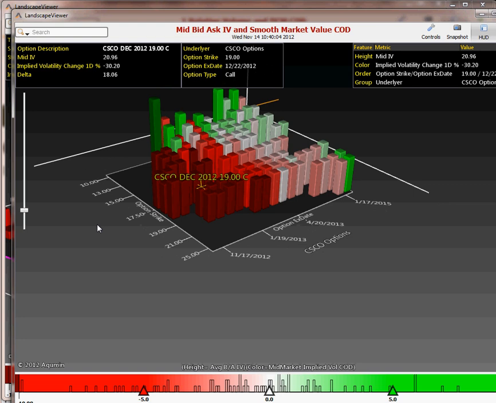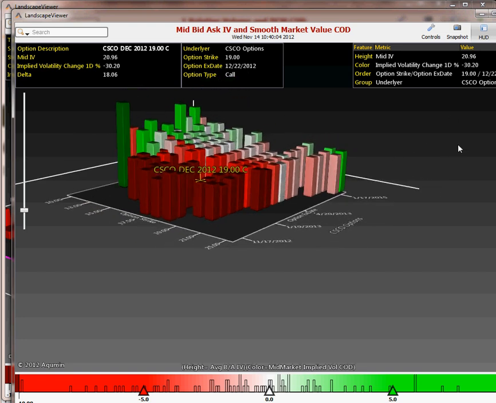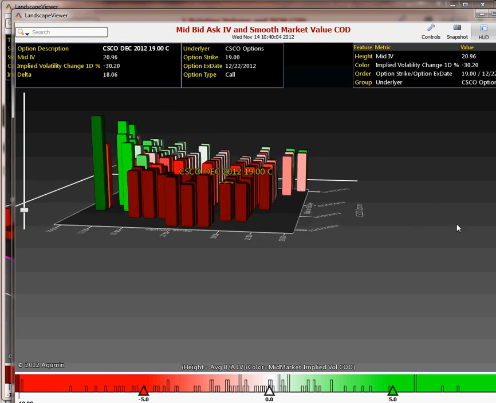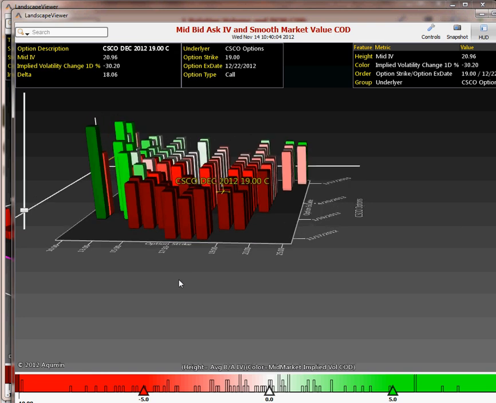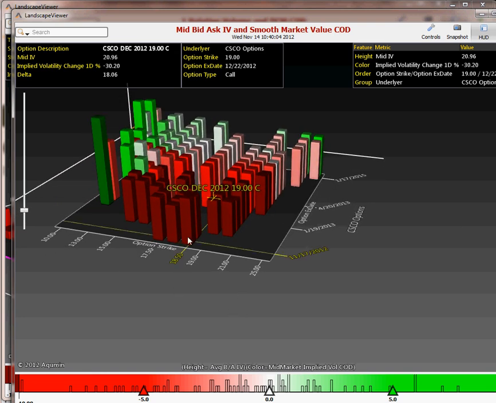We're seeing them sorted by month again, but also we're seeing them where the height is the mid implied volatility. So you can start to see a little bit of a skew here that you would expect in option trading. But then you could also see that some are higher than others. There are only a few days left in the November expiration right now.